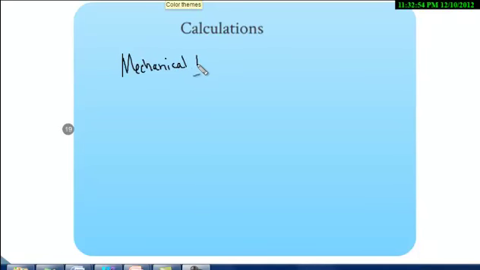So mechanical advantage is a term that refers to how much something multiplies the amount of force you put into a machine. So how much does a machine increase your input force by?